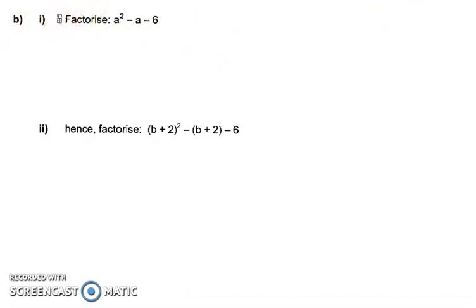Now, the first part is not so bad. It's talking about factorizing, and let's just get the pencil out. So we need to factorize a squared minus a minus 6. And as we know, the first thing we look for is a common factor. Then we look for a difference of two squares. Then we look for a trinomial. And then we look for a difference or sum of two cubes.